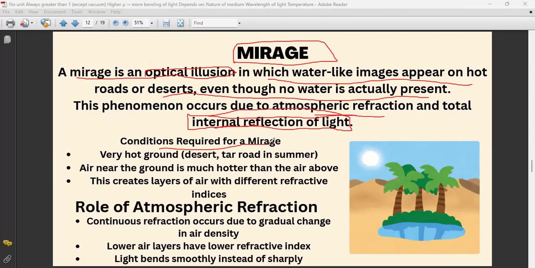What are the conditions required for a mirage? We need very hot ground, something like a desert or a tar road in summer, with the air near the ground much hotter than the air above.